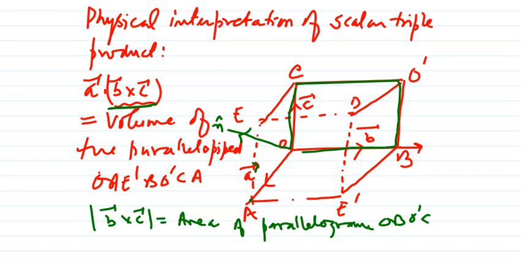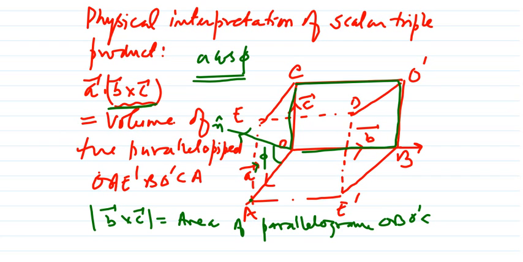Eta cap is a unit vector which is perpendicular to the base containing the vectors B and C, and suppose phi is the angle between the vector A and eta cap. So the component of A along this will be A cos phi. This is the height of that solid.